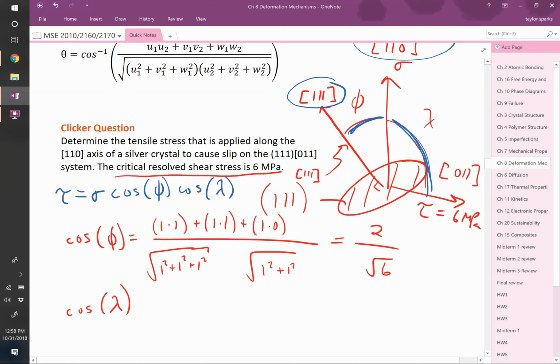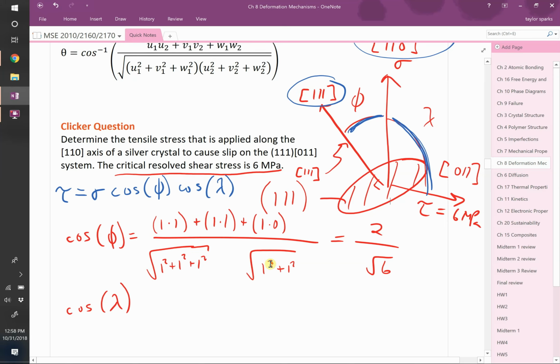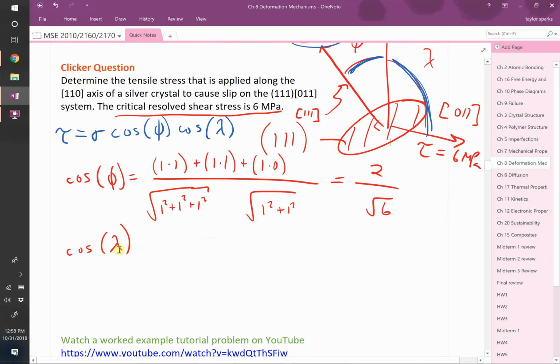We worked out phi together, and we remember that the way to do that is with the dot product. You take the dot product along the top, you divide that by the length of the two vectors, and that will give you the angle between those vectors. So in the next couple minutes, go ahead and work out what the cosine of lambda would be, and then plug it into this shear stress equation, and figure out what would be the applied stress necessary to get slip in the 011 direction.